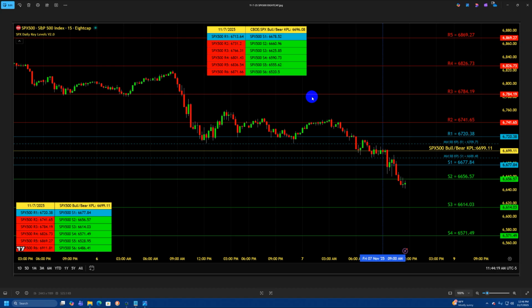Now, the reason that these levels cannot be shown on CBOE SPX until 9:30 a.m. Eastern New York time is simply because of the way that TradingView Pine Script coding works.